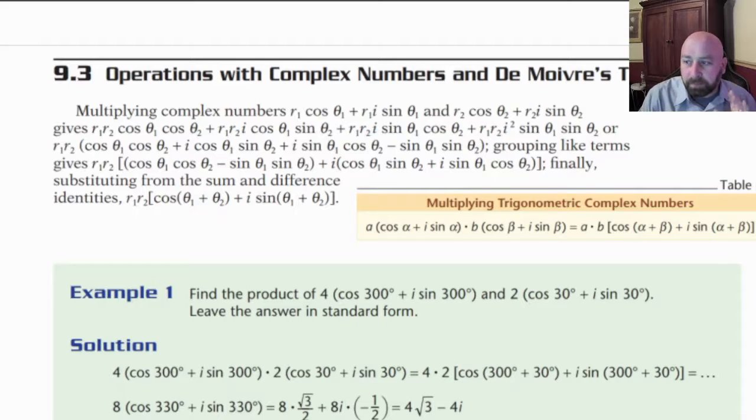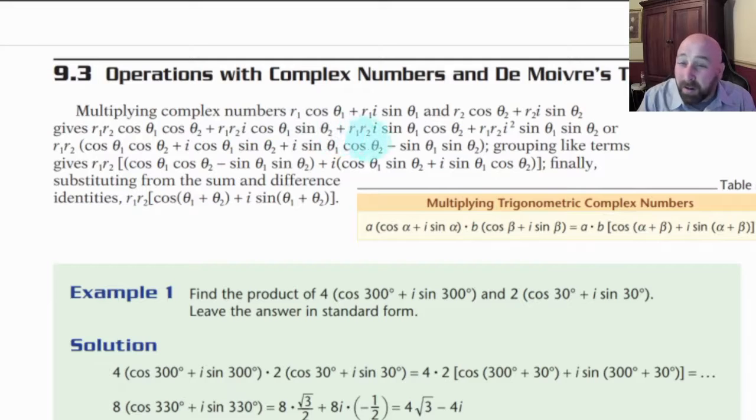Here's what they're trying to say. When you're multiplying complex numbers, it's complicated. So the way to do it is to use this kind of formula right here. You plug in the number they give you, the trigonometric number, and it's going to go into a formula that's going to kick out the answer to you.